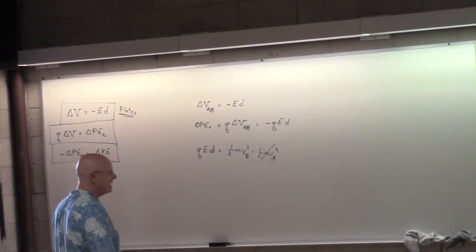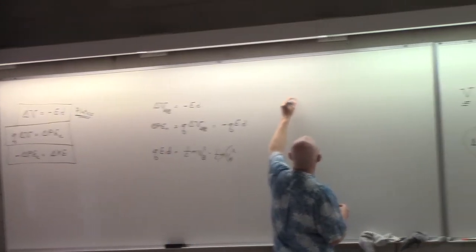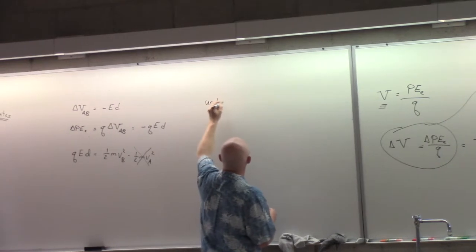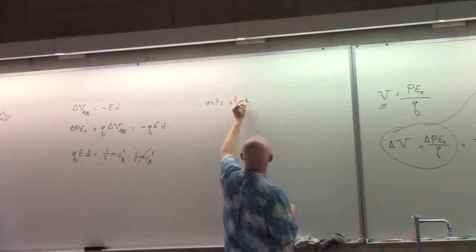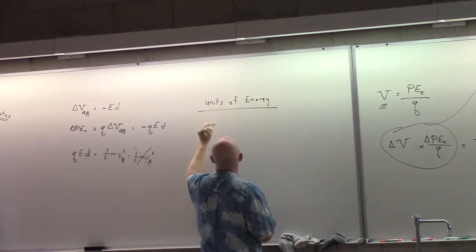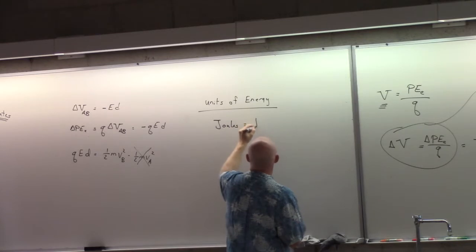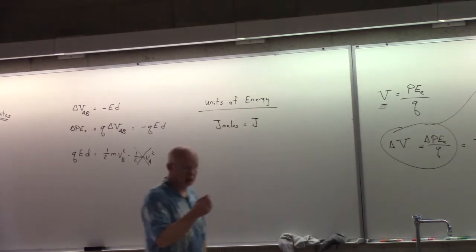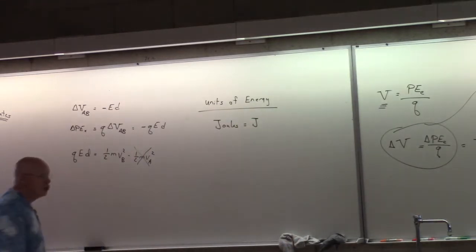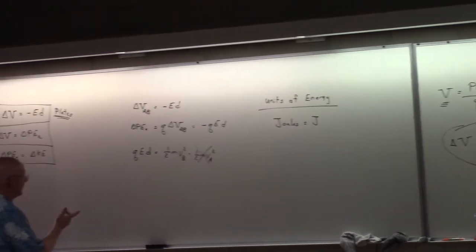So let's give you a new unit for energy, because you're very familiar with joules. We've used it a lot. But a joule for a little tiny particle is a lot of energy. So because of that, we like to do this.